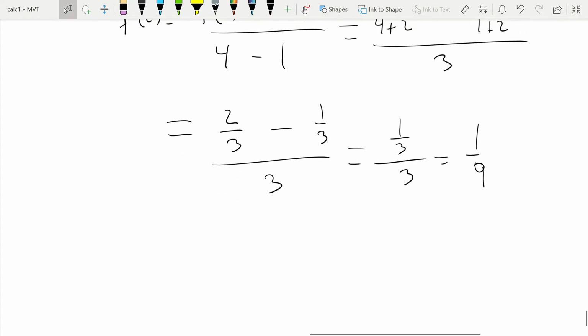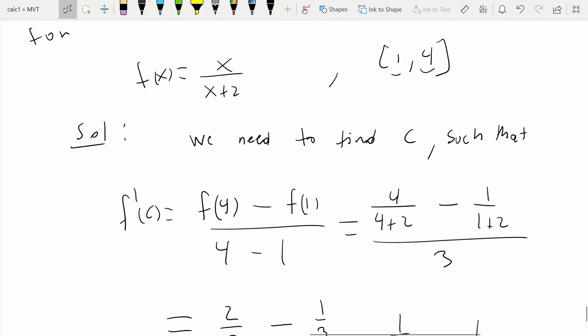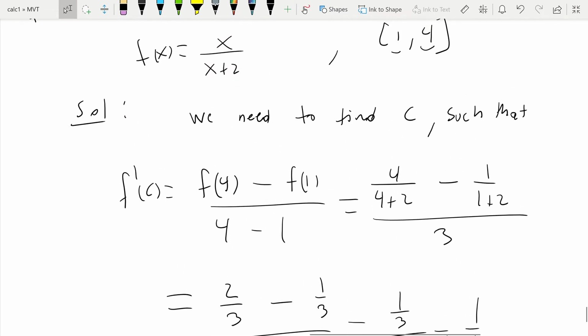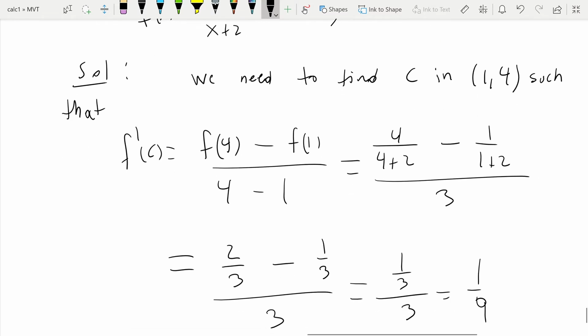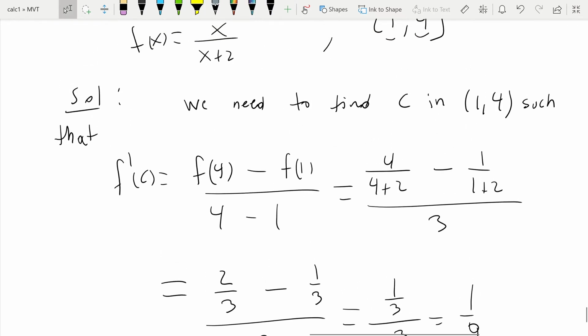So we need to find a point C in the open interval (1, 4) such that f prime of C is equal to 1/9.